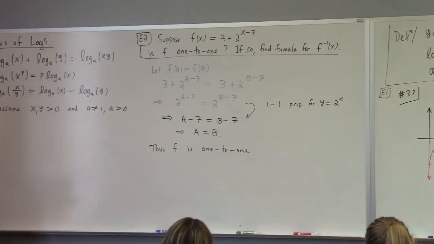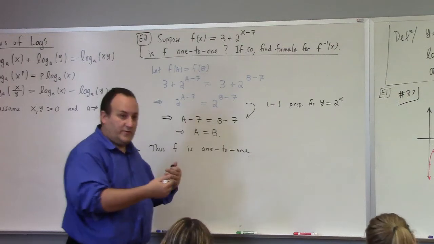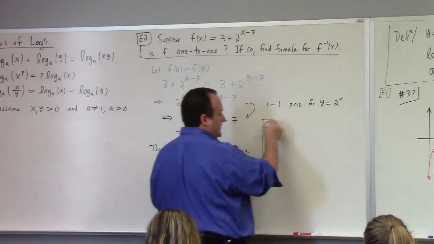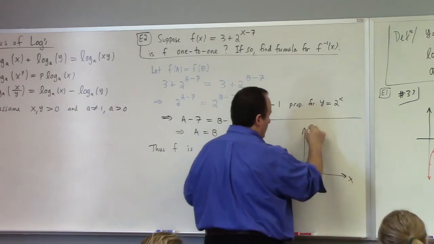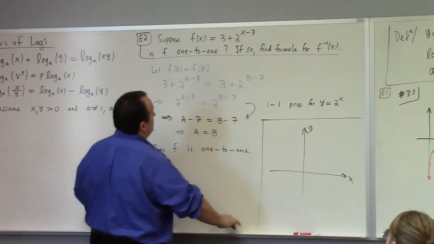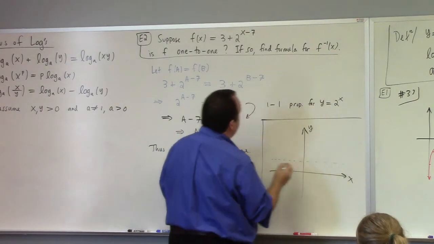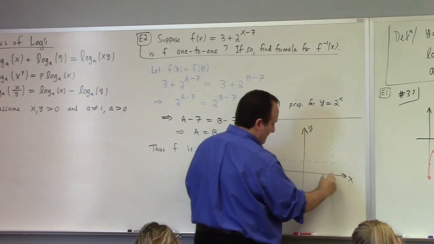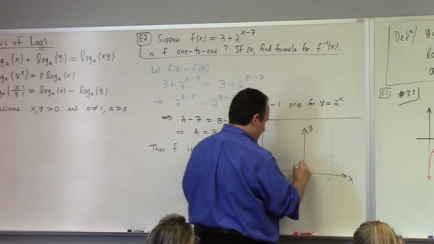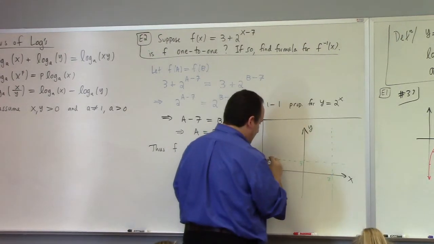Graphically, if you had gone the graphical route, what does it look like for the 1-to-1 proof? Because graphing this function is also an important problem for us. We'd like to be able to graph it. So here's the graph. We're shifting up by 3 and shifting right by 7. And it's 2 to the x, so it looks basically like this.